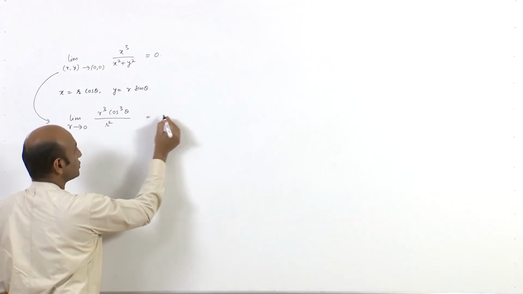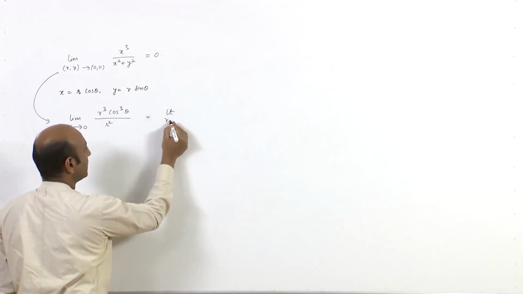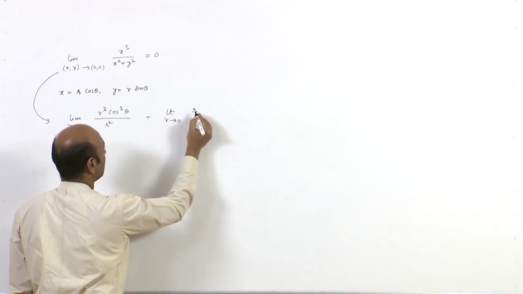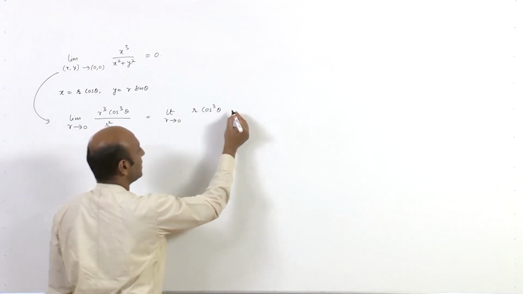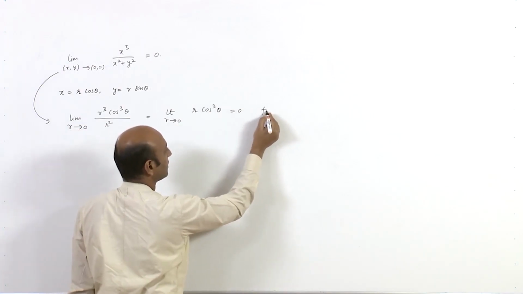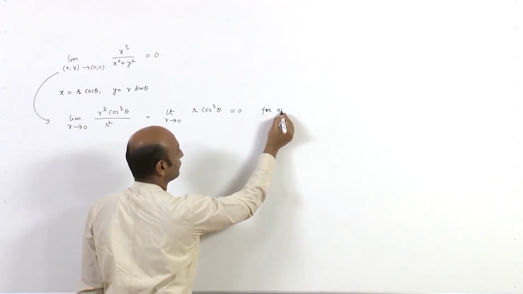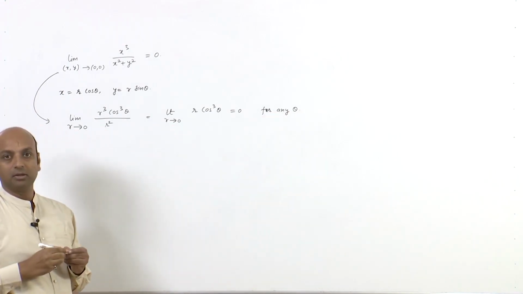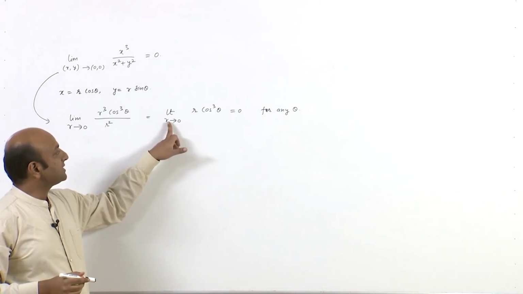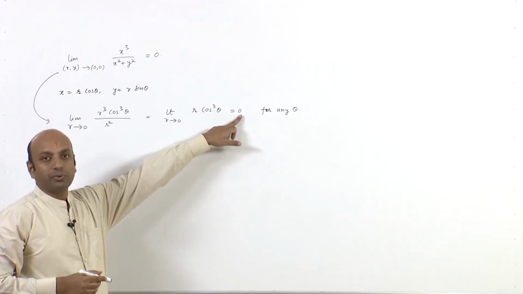So this equals limit r tending to 0 of r cos cube theta, and this is clearly 0 for any theta. If you take any theta, as r tends to 0, this will always tend to 0.